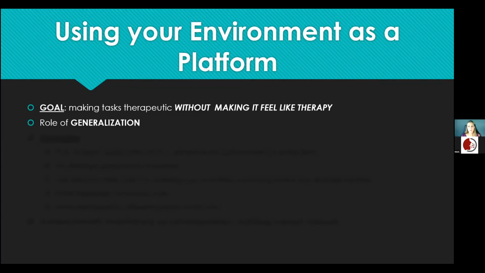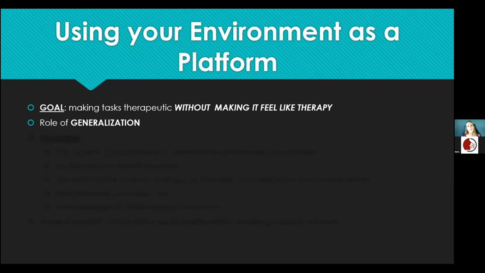Well, if you think about it, in most situations, when you get therapy, you're in a clinic room or in the hospital, and there's white walls, you're sitting across from your speech therapist one-on-one, there's limited visual distractions, there's limited auditory distractions. It really doesn't represent our natural environment, right? That's just not the way the world is.